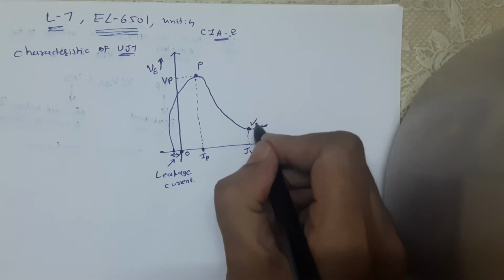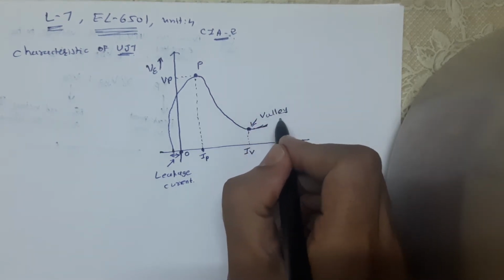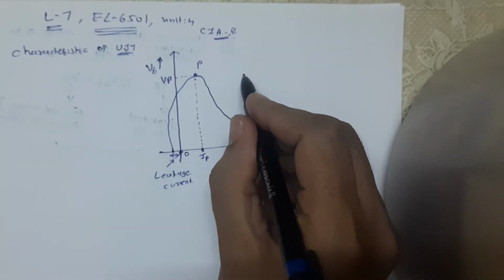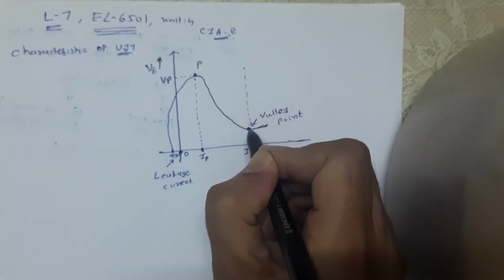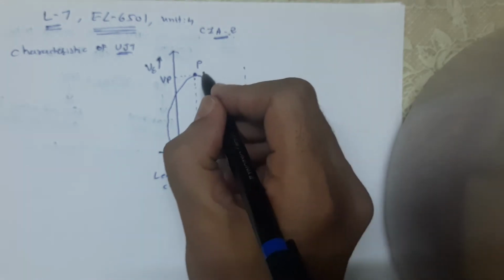This is known as the valley point. In between this, the region is the negative resistance region.